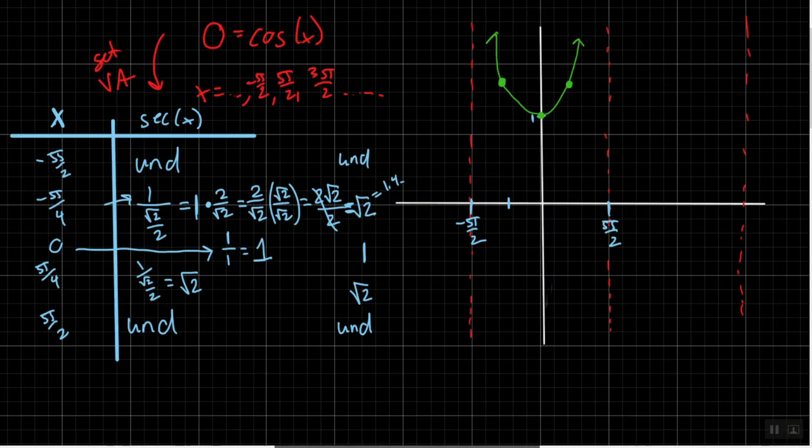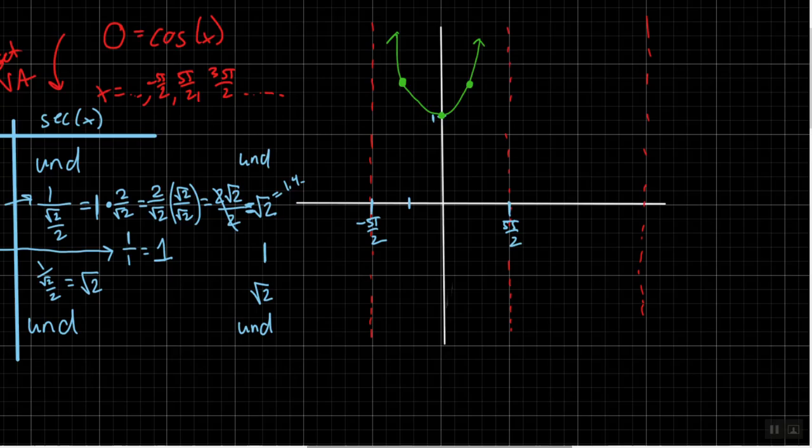Okay. We're going to pause for a second. I'm going to graph cosine on this for a second, okay? In purple, I'm going to graph cosine. It goes like this, and it keeps going on and on forever, and in this direction too.